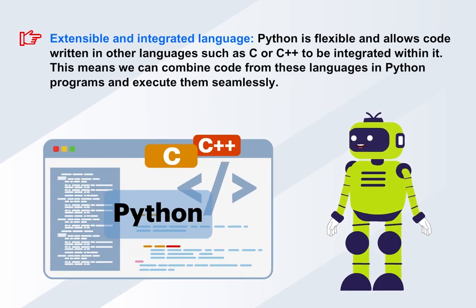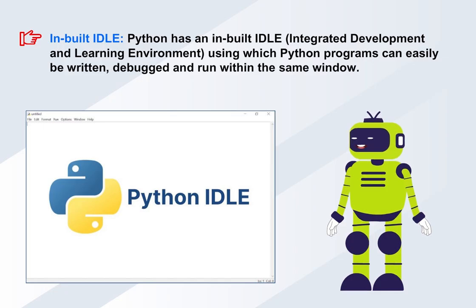Extensible and integrated language. Python is flexible and allows code written in other languages such as C or C++ to be integrated within it. This means we can combine code from these languages in Python programs and execute them seamlessly. Inbuilt IDLE.